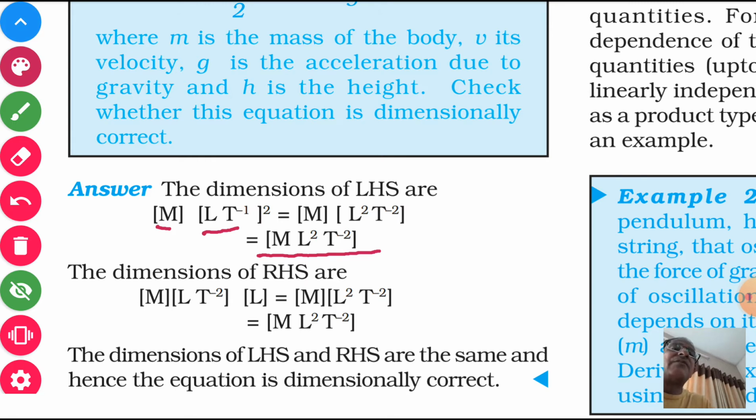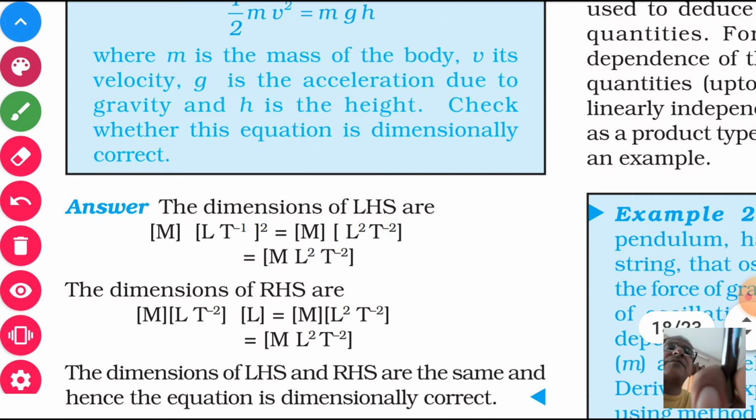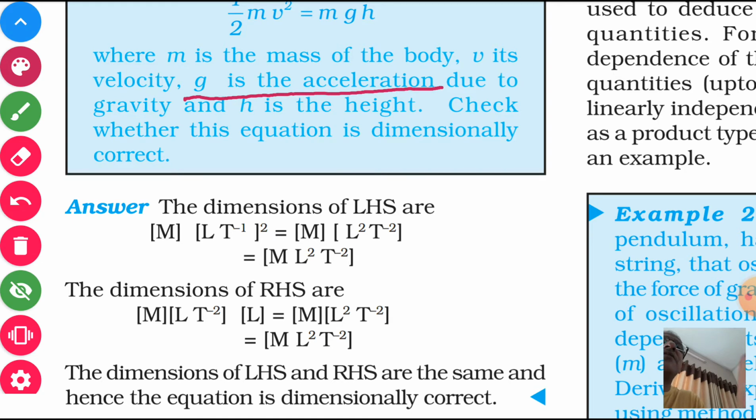Now on the right hand side it is mgh. M stands for mass, g stands for gravitational acceleration, and h stands for height. For g, whichever acceleration it is, we have to write the dimensions of acceleration only.